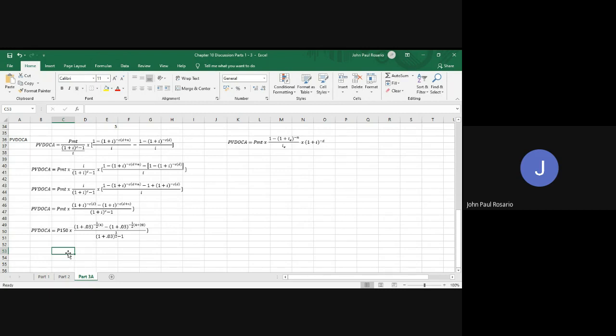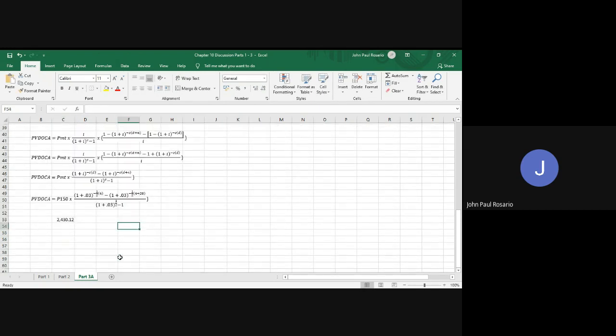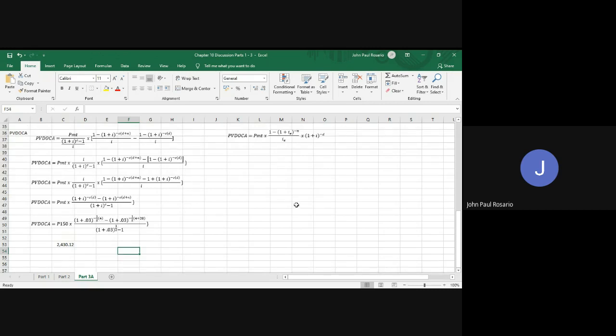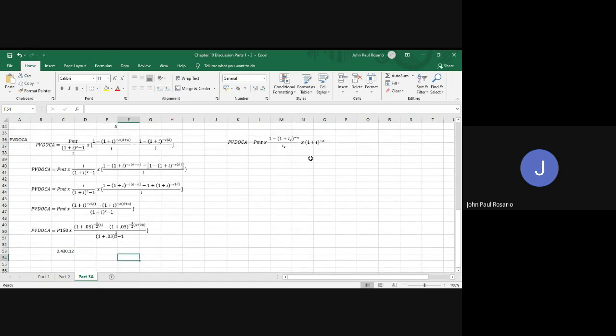Because -1/2 of 24 is -12, all over 1.03 raised to the power of 1/2, and then deduct 1. So we should get 2,430.12.